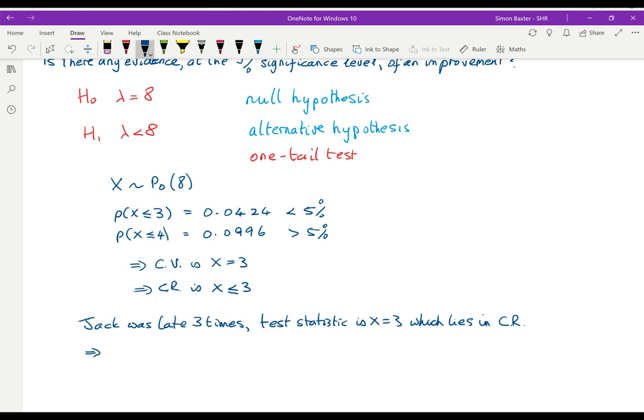Therefore, we reject H0, and we conclude that there is evidence that Jack's punctuality has improved.